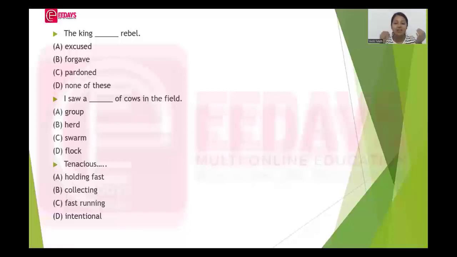There is a high probability that you can get it right. But with direct questions like this, you can't tell the answer. If you know the answer for tenacious, you can write it directly, or else there is no other way.